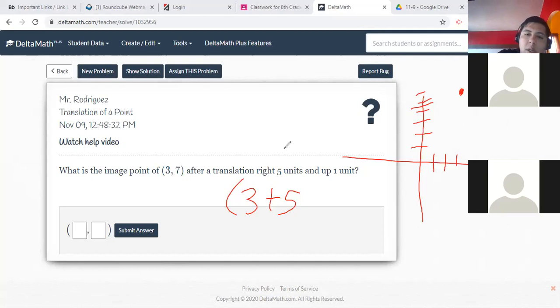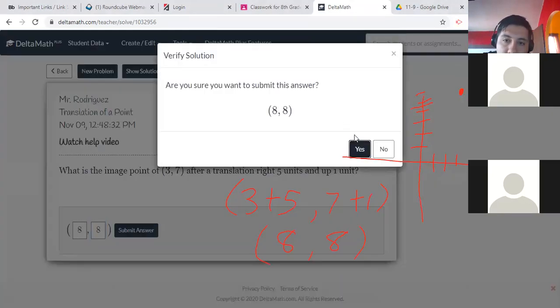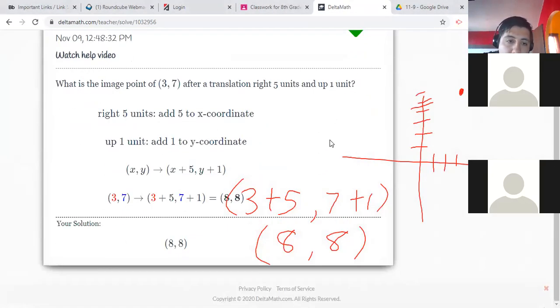Now, if we're moving up 1, we're going to be adding 1 to our 7. So 3 plus 5, 8, and then 7 plus 1, also 8. So our new point moves somewhere up here, right? But all you're worried about is making sure that you put 8 and 8. So if you notice, we're adding 5 to the X and we're adding 1 to the Y.